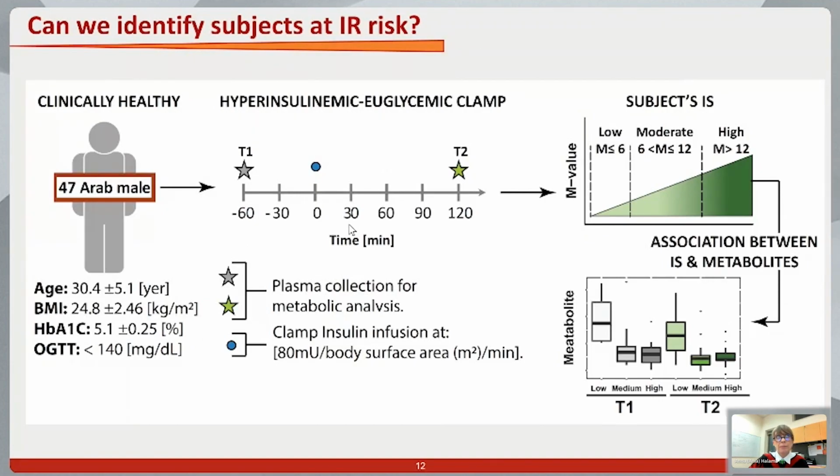We divided the population of those males into 3 groups: those identified with low insulin sensitivity, moderate insulin sensitivity, and high insulin sensitivity. And we tried to understand whether or not there is a specific association between those subgroups of insulin sensitivity and metabolic profiles.